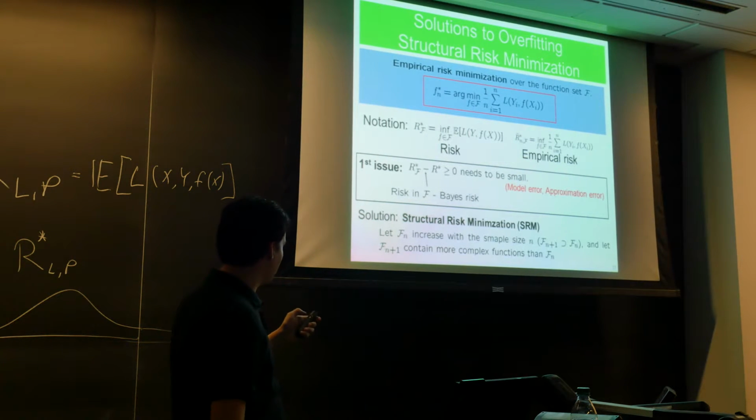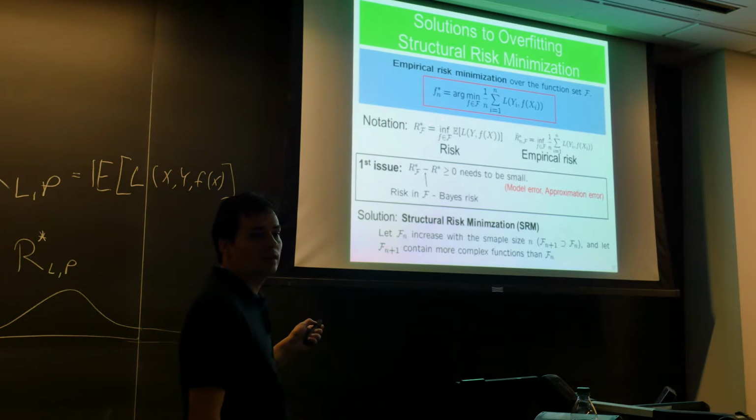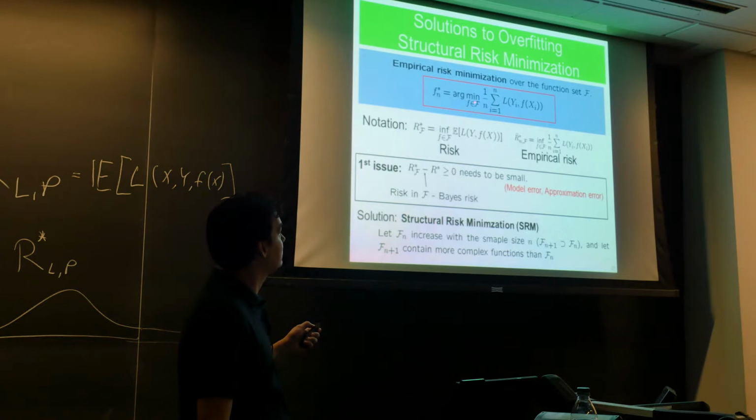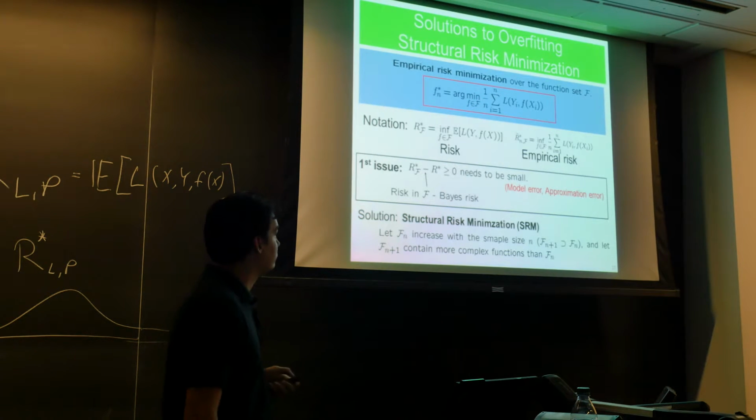Okay, so this is the empirical risk minimization problem. Does it make sense so far? So you fix a function class F, and you minimize the empirical risk over all functions in this function class.